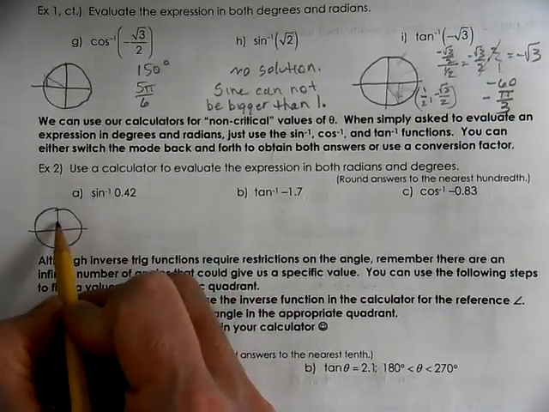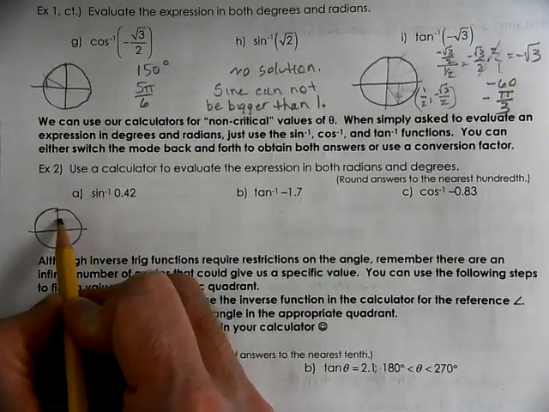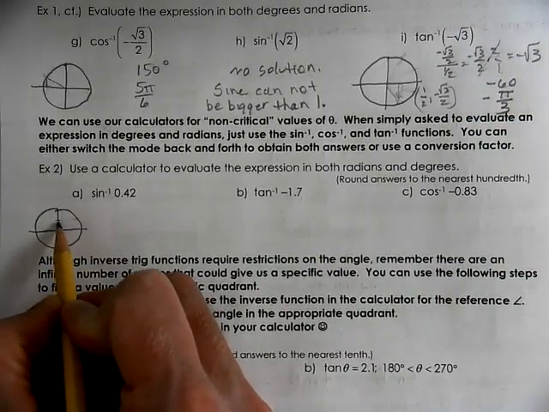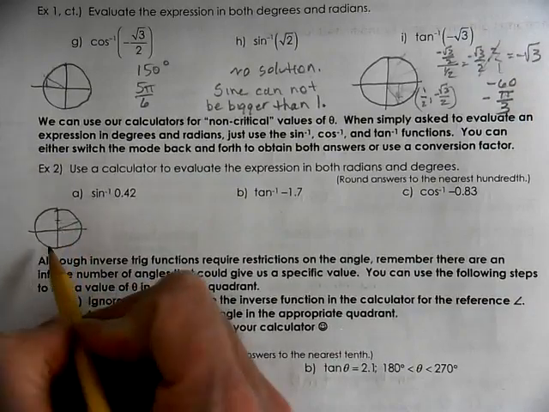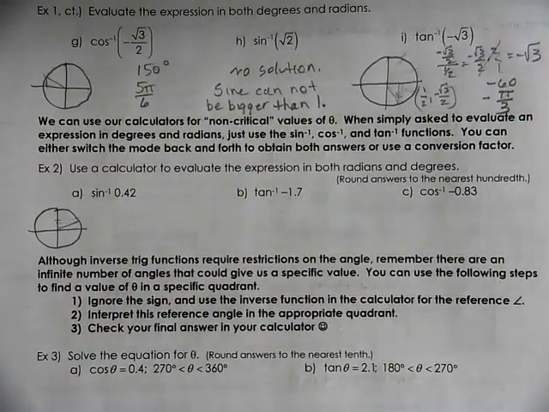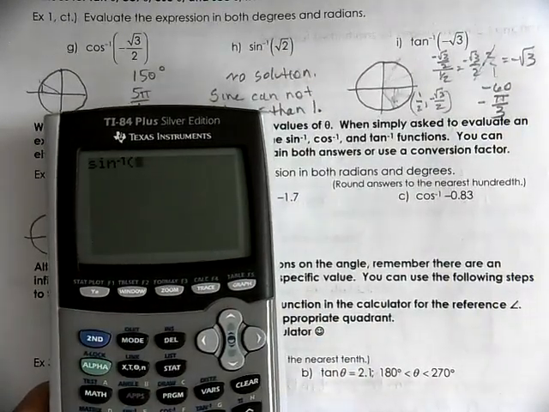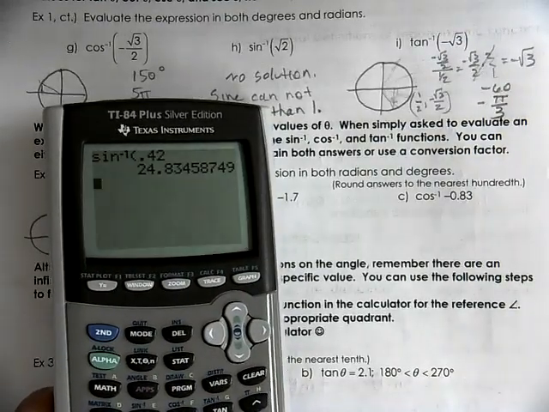So we're going to go up and down. So if this is halfway in between, and that's straight across for the y value, we're supposed to be at 0.42. So we're going to be making an angle that's coming up here. And that's going to be sine inverse of 0.42, and that's going to be 24.83.